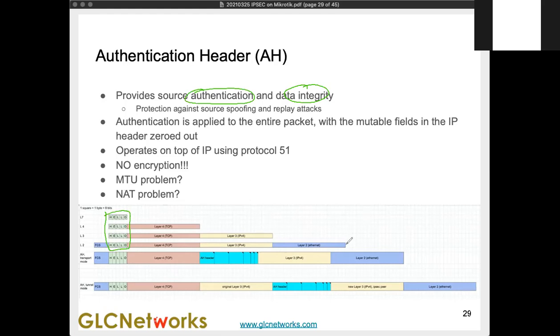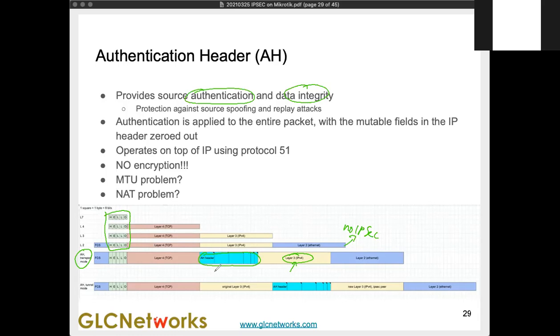If no IPsec, this is how it looks. If we use AH transport mode, this is how it looks. The IPsec header will be added here, so the router will check the layer 3 information for routing. No problem with traditional routing.